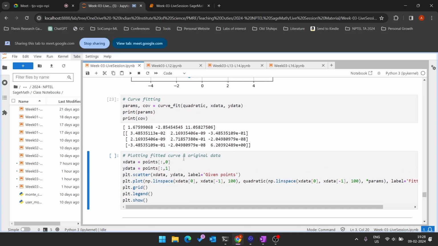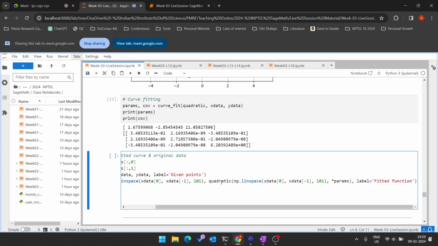So right, we are now plotting our fitted curve against our original data. Again, the x and y data is obtained from our points itself. We do a scatter plot for xy data with given points, and then for the fitted curve, what we do is use np.linspace to create 101 points. This creates my X array between the first and the last value of x data, which is -5 to 5, and then I'm feeding that X array into my quadratic function.